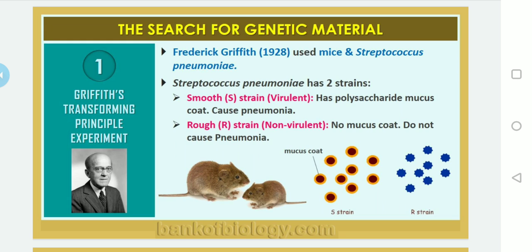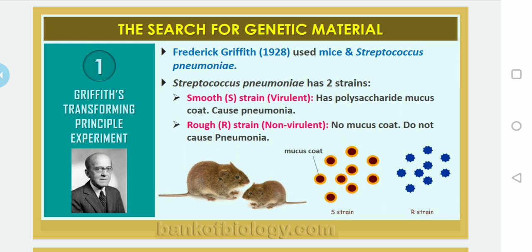He selected the other one, rough colonies, commonly called R strains. R strains are non-virulent or non-poisonous. No mucus coat is present in the case of R strains, and they do not cause pneumonia in organisms.